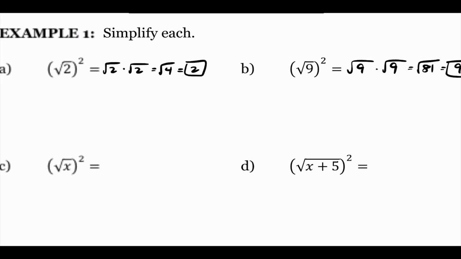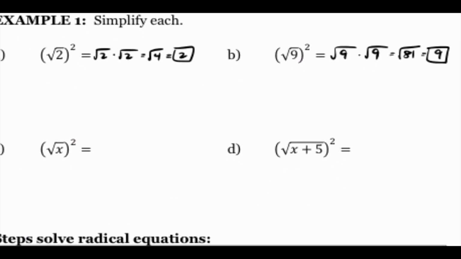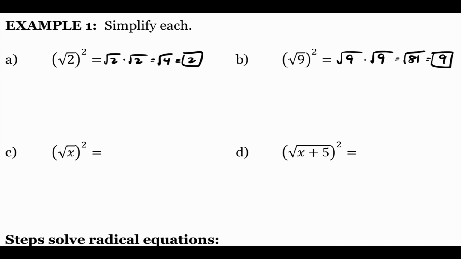So before we get to the other ones, is there a shortcut instead of having to do all those middle steps? Is there a shortcut anytime I square a square root for what my answer is going to be?